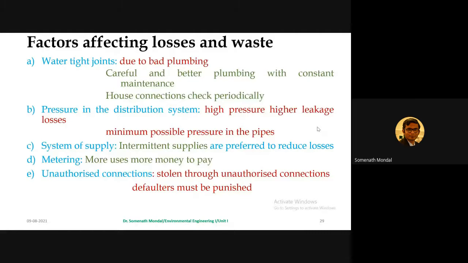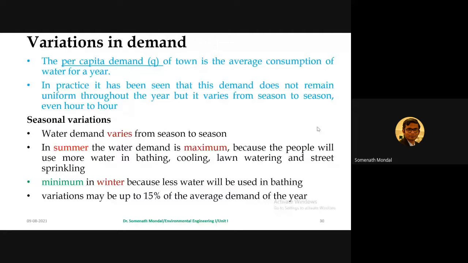Now we'll be discussing various variations which we should be considering when talking about the per capita demand. Basically, per capita demand of a town is the average consumption of water for a year. Fine.